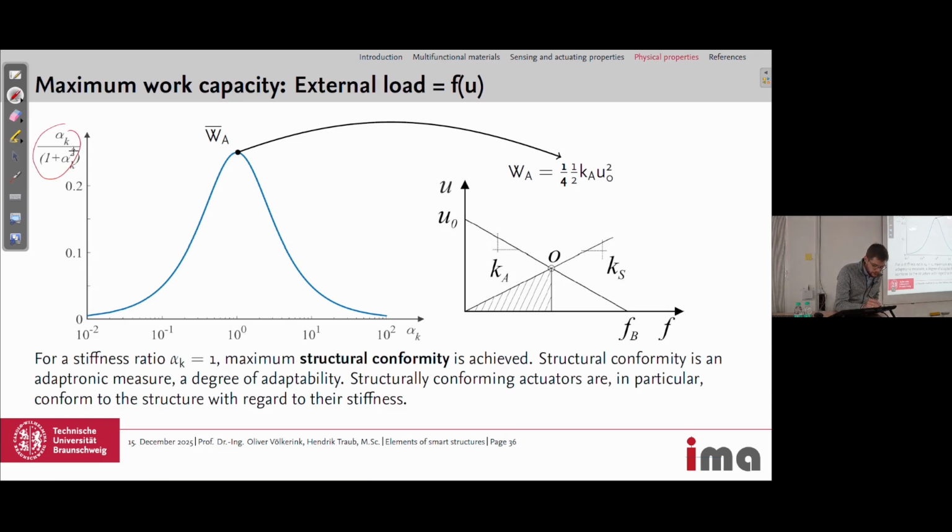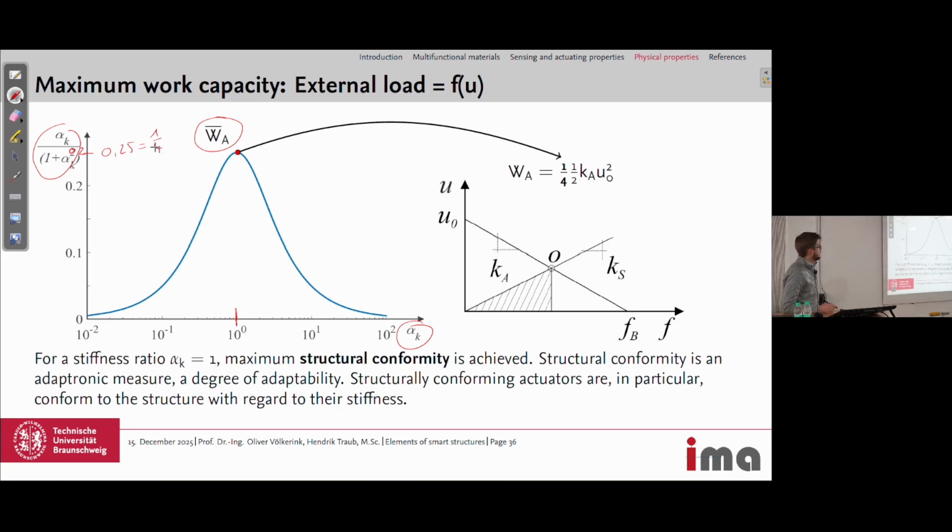So the square needs to be outside of the brackets, independent of alpha K. And what you can see is that at this point, 10 to the power of 0, so alpha K equals 1, there we have this WA overline at a maximum of about 0.25, or 1/4.